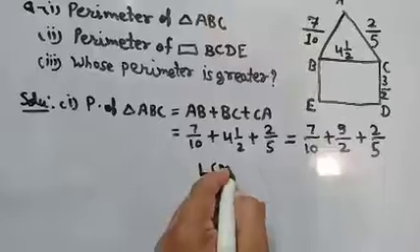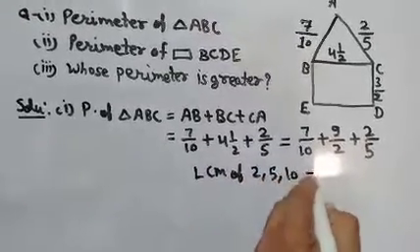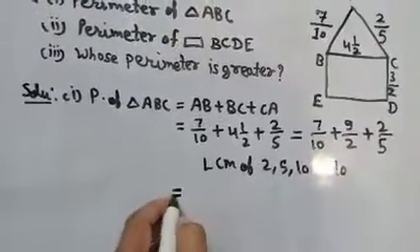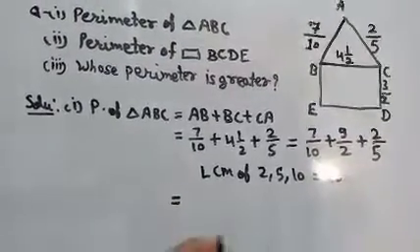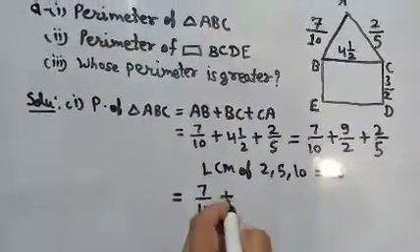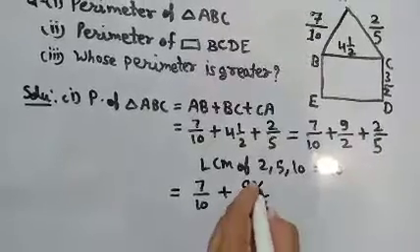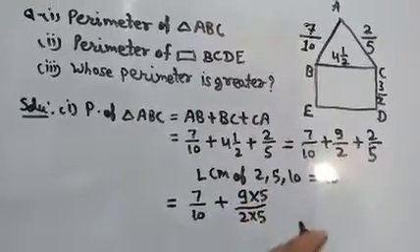Now the LCM of 2, 5 and 10 is 10. To convert all the denominators to 10, 7 by 10 will remain the same because it already has 10. For 9 upon 2, 2 should be multiplied by 5 to become 10, so multiply the numerator by 5 as well.